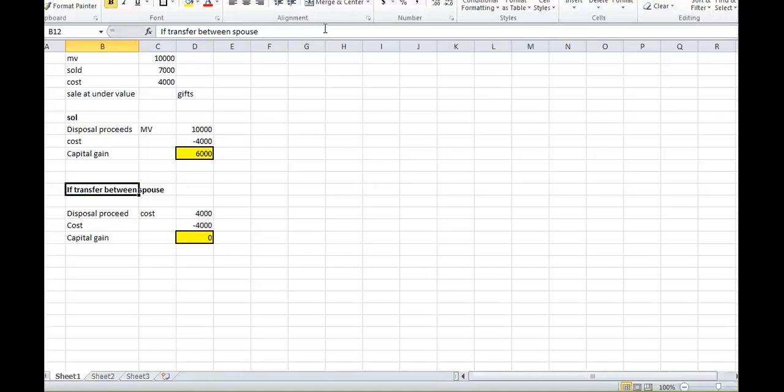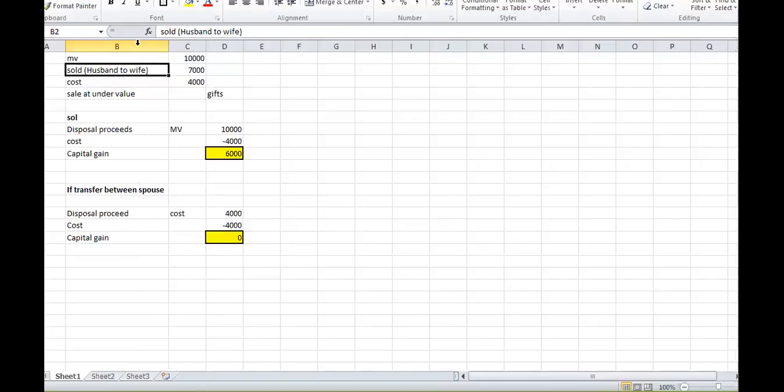Say this transaction is from husband to wife. Husband had sold the asset to wife.